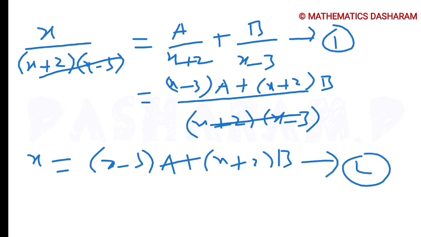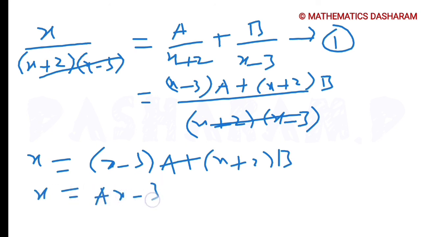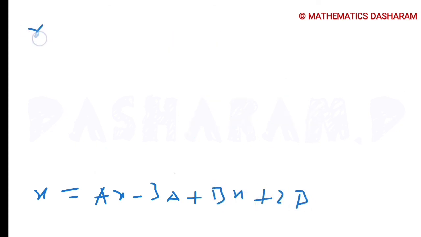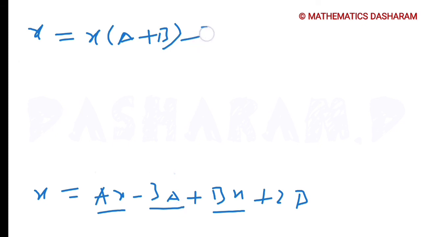Here no need to take equation 2, just simplify. So x equals ax minus 3a plus bx plus 2b. So x equals ax plus bx, take the x common, so bracket of a plus b. Next constant numbers, minus 3a plus 2b.